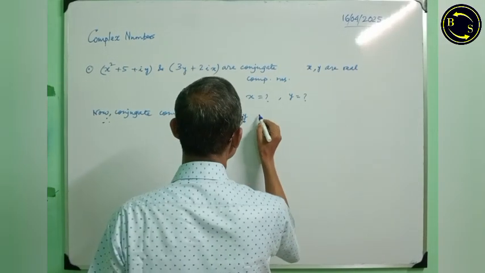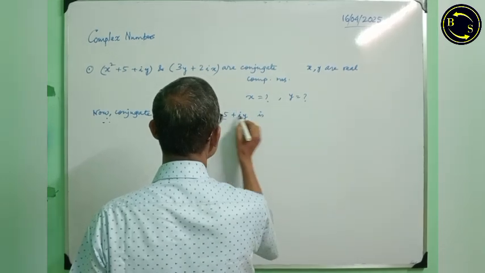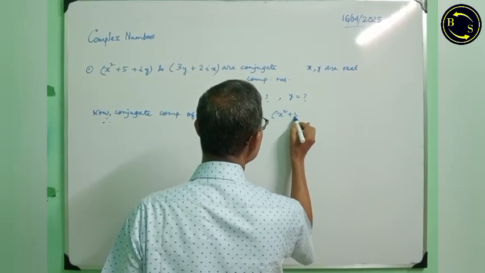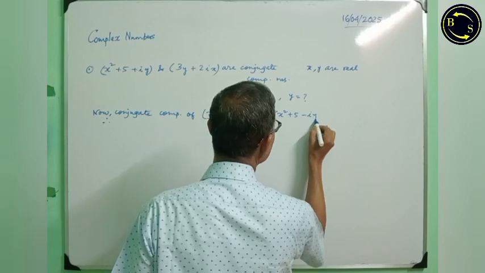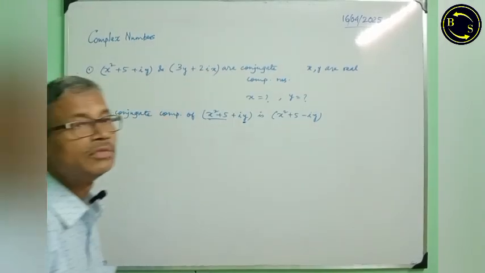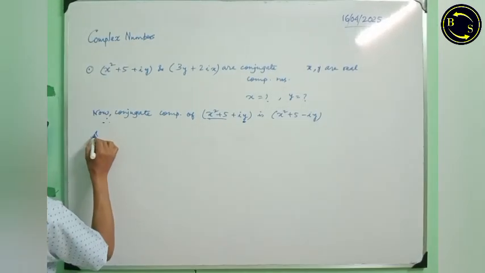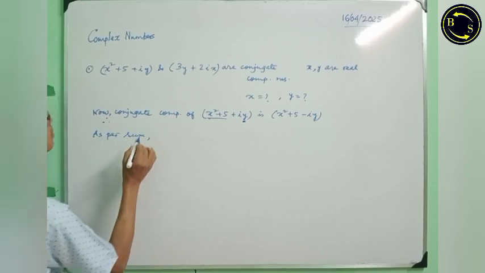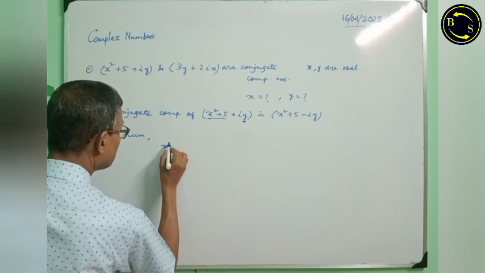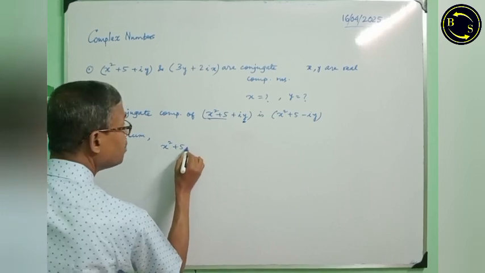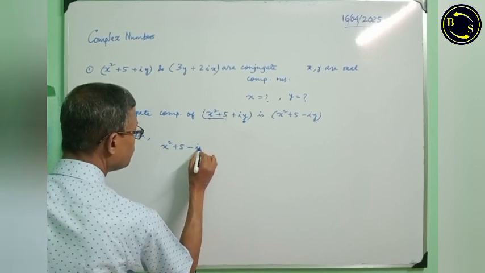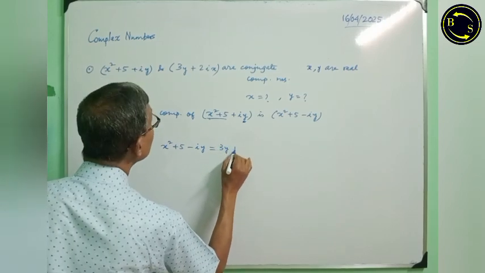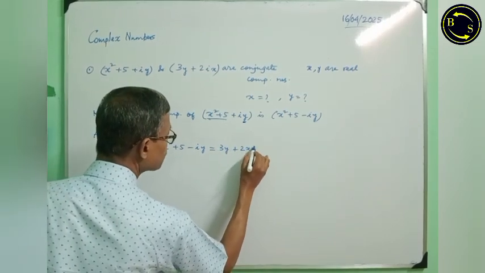Therefore, the complex conjugate of this one is x square plus 5 minus iy. As per the sum, x square plus 5 minus iy is equal to 3y plus 2xi.